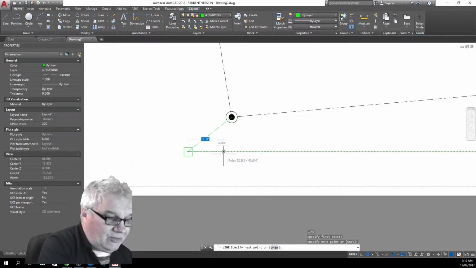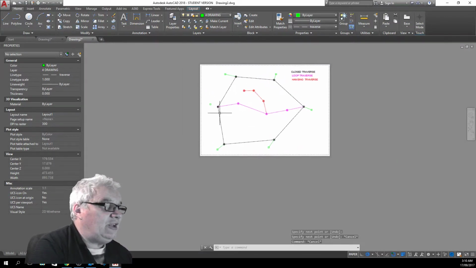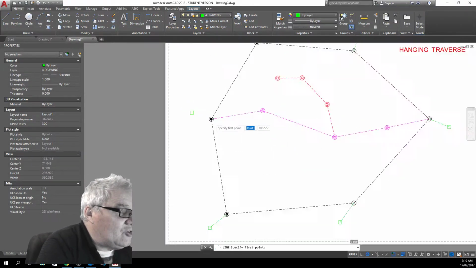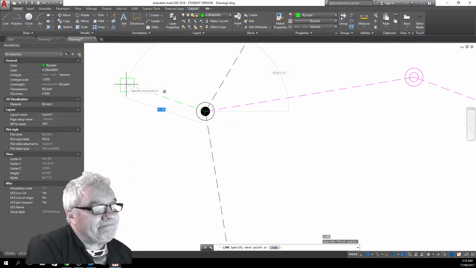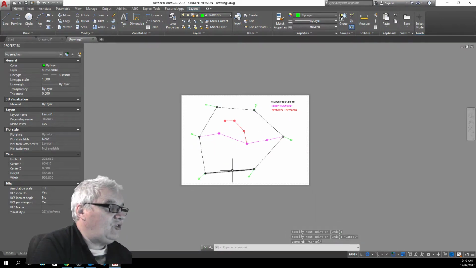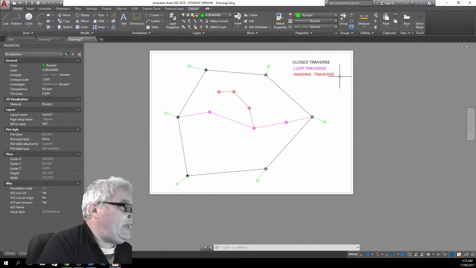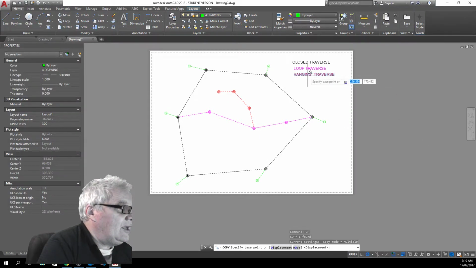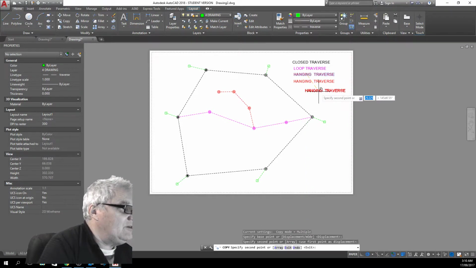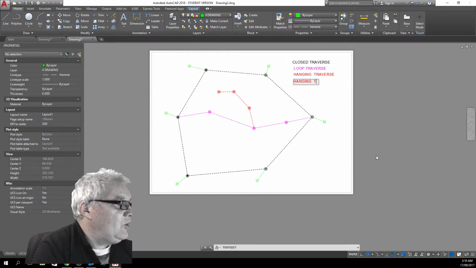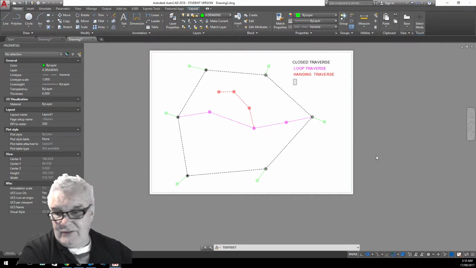We can't close them against anything, so we're really just left with doing them twice, and having ways of checking the measurements. So these here are called a radiation or hanging line.